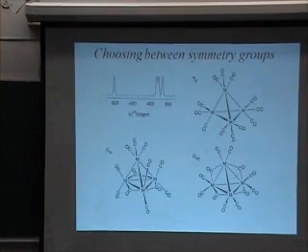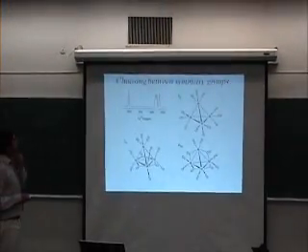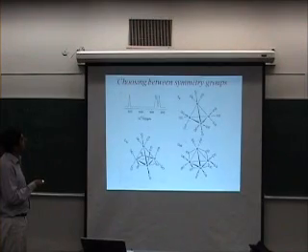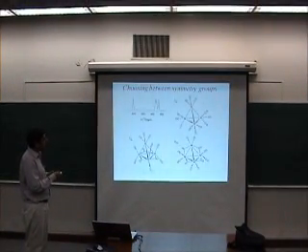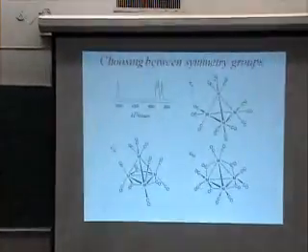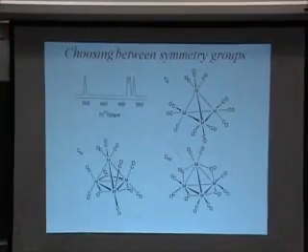Alright, now this is the compound. There are four metal ions. Suppose there are cobalts, okay, and 12 carbonyls.